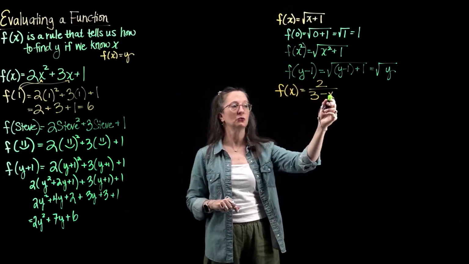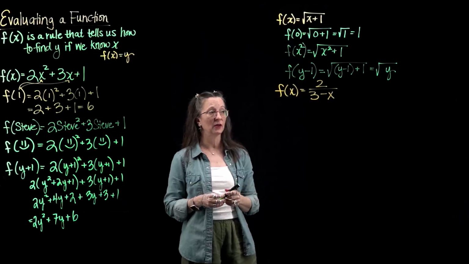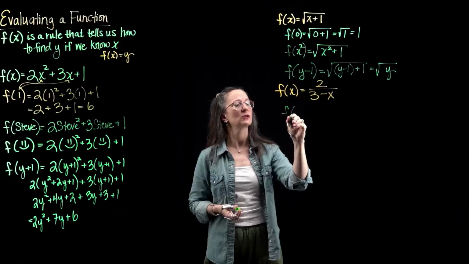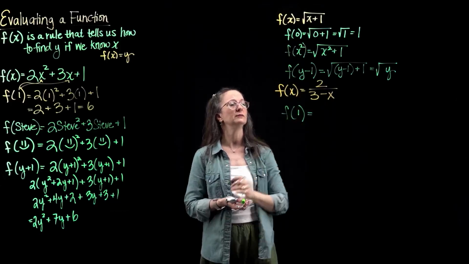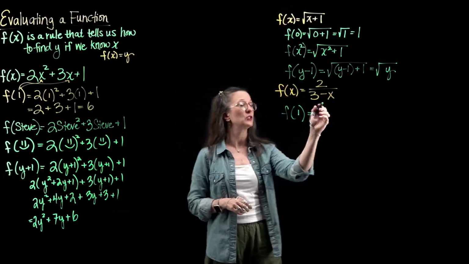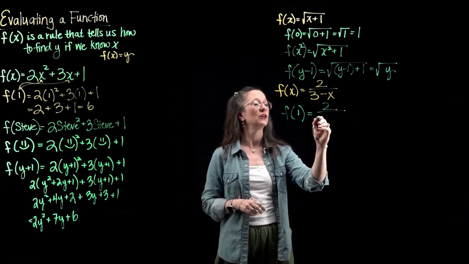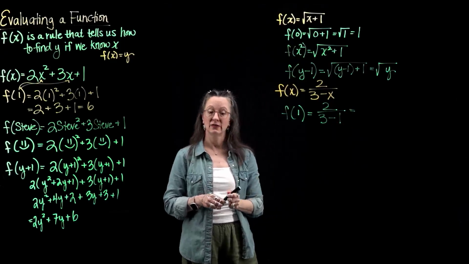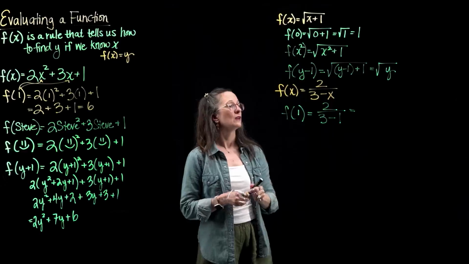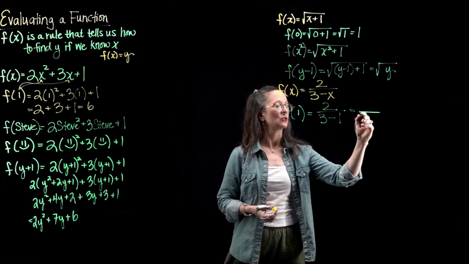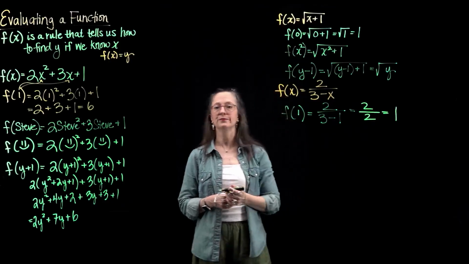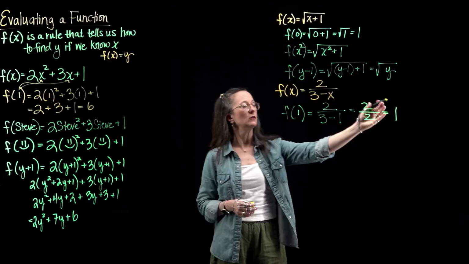Notice it's being subtracted, so parentheses may be very important here. All right, so first I'm going to ask you to find f of 1. So f of 1 would just be 2 over 3 minus 1. And I can evaluate that. So 3 minus 1 is just 2. So this would be 2 over 2, which is 1. So f of 1 would be 1.